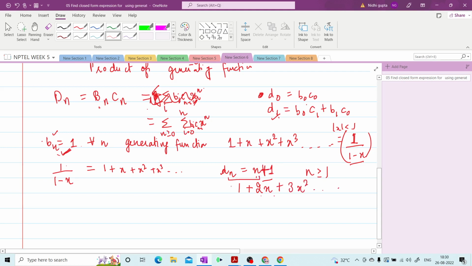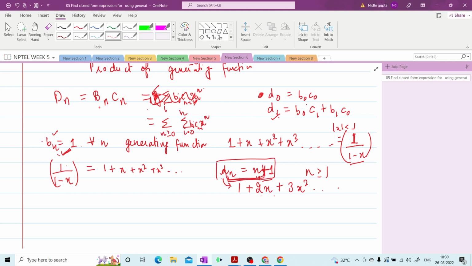Suppose I want to find the generating function for this sequence where dn is equal to n plus 1. Our power series behave well with differentiation, so we can differentiate both sides, LHS and RHS.